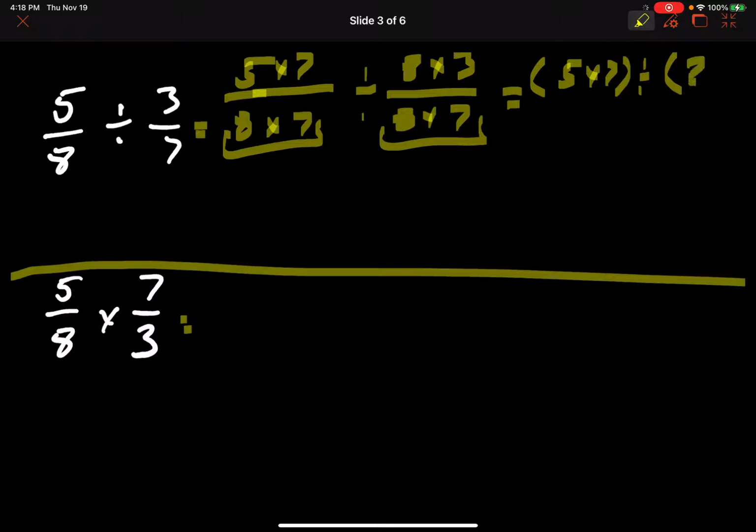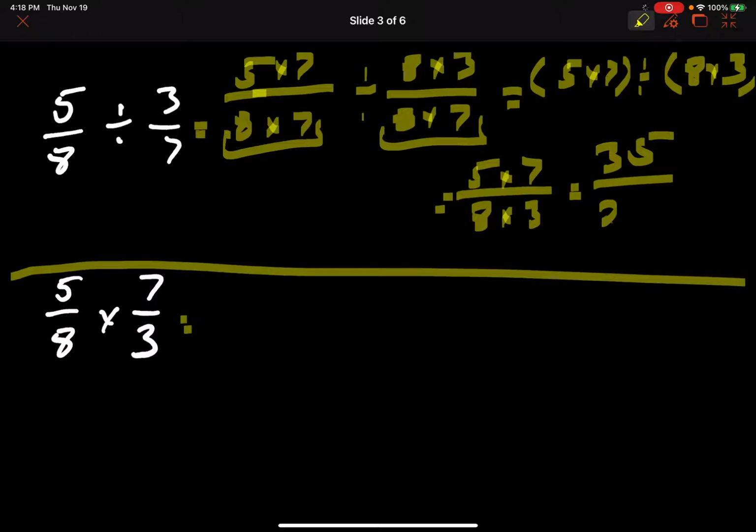And that is 8 times 3. And I'm going to take this down here, and I'm going to say 5 times 7 divided by 8 times 3, and what that equals is 35, and this is 24. And that's going to be 1 and 11/24.